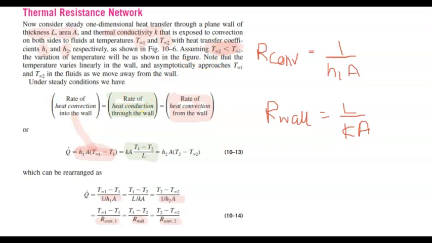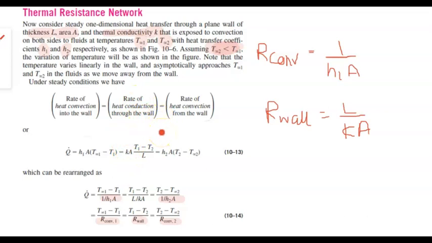So when we discuss the rate of heat convection into the wall, it is H1 times area times the change in temperature inside, T infinity 1 minus T1, which should be the same, because it's the same line, as the rate of heat conduction through the wall.